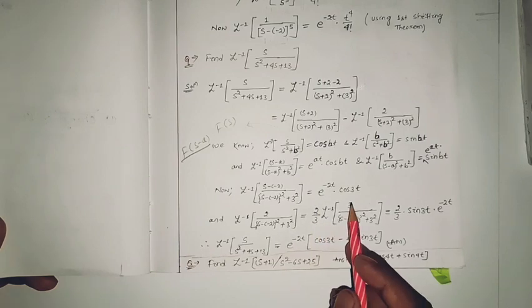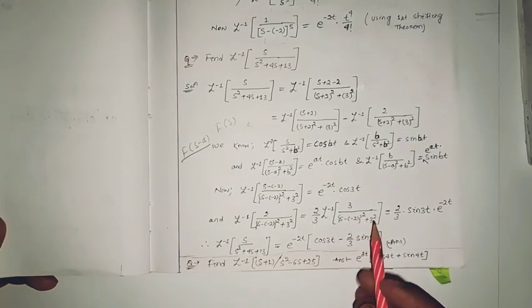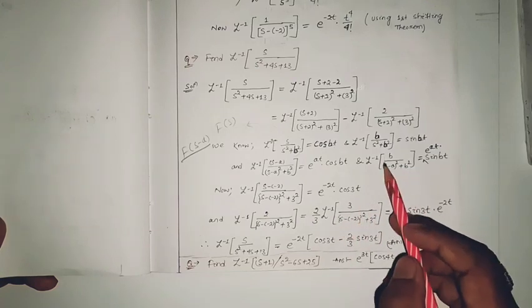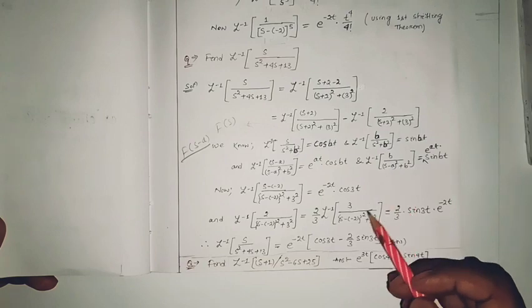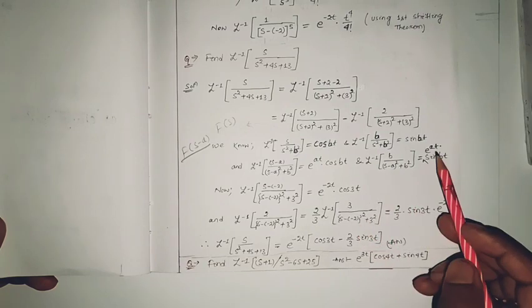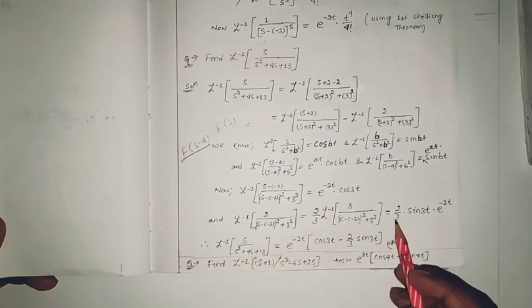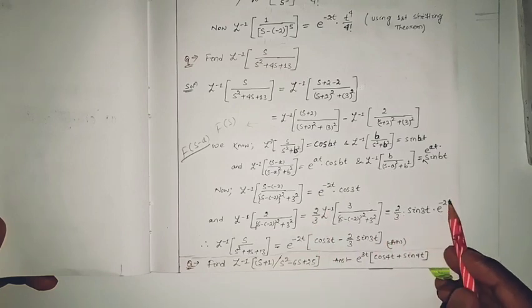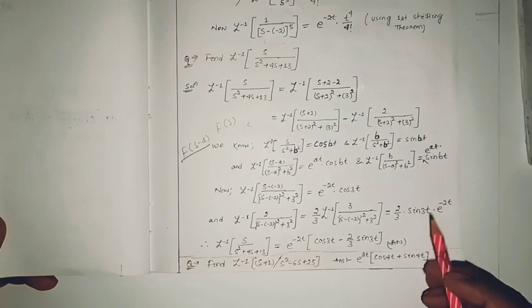So 2 by 3, times 3 by ((s minus of minus 2) whole square plus 3 square). So compare this with this. B is 3, a is your minus 2. So the answer will be e to the power at into sin bt. Already 2 by 3 is there. So 2 by 3 into e to the power minus 2t into sin 3t.